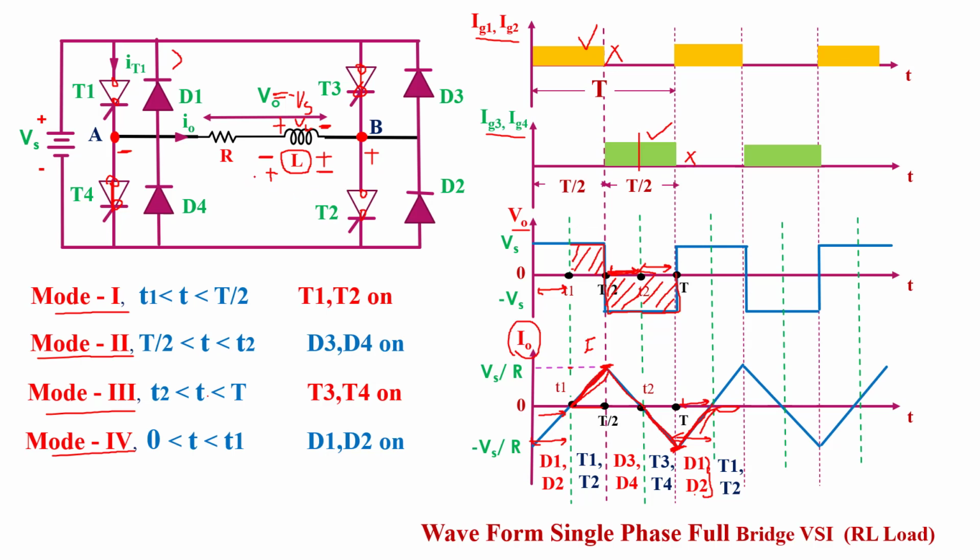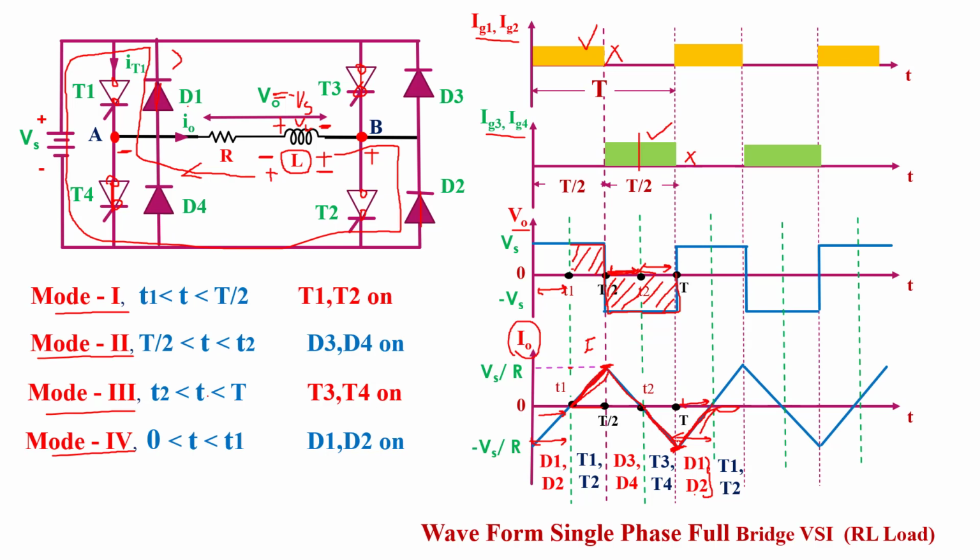So current starts flowing from the load, D1 diode, supply voltage, D2 diode, and back to the load. So current follows this path. This time D1 and D2 diodes will be conducting. The direction of current is negative this time. Current flows in reverse direction.